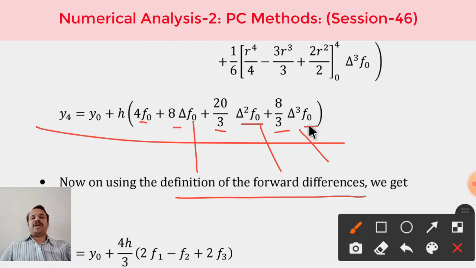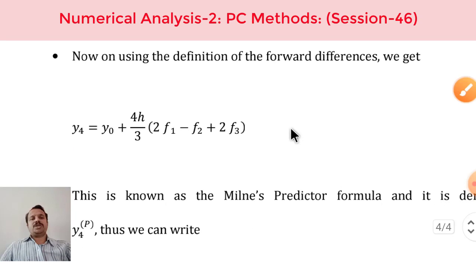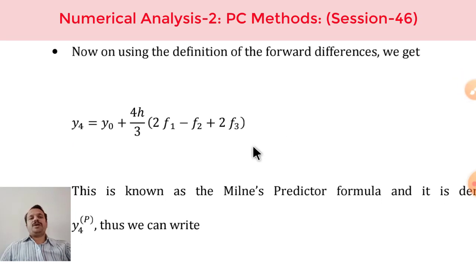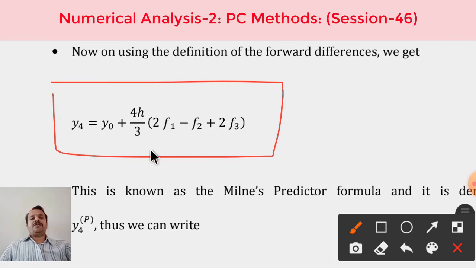Like that we can use the definition of delta cube f naught also. So on using them and on collecting the like terms, that is f1 term, f2 term and f3 term together, we come to know that the predictor formula is this thing. The formula is y naught plus 4h by 3 into the bracket 2f1 minus f2 plus 2f3.